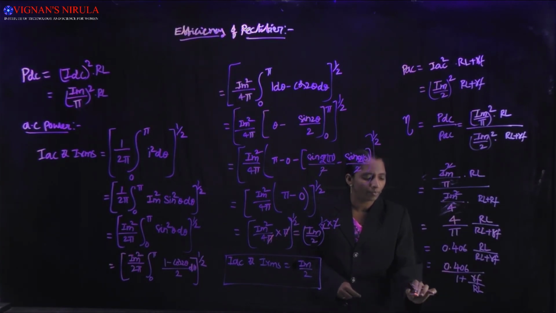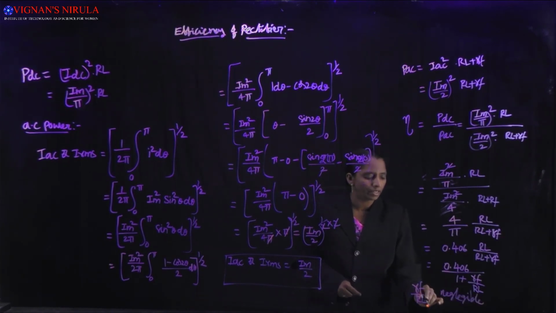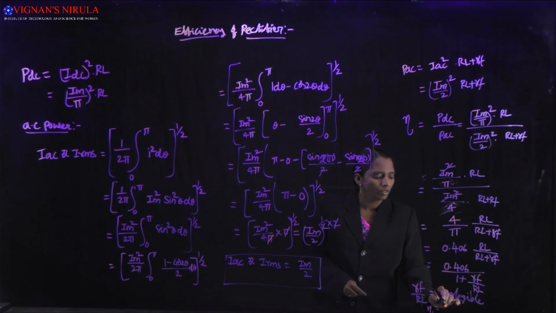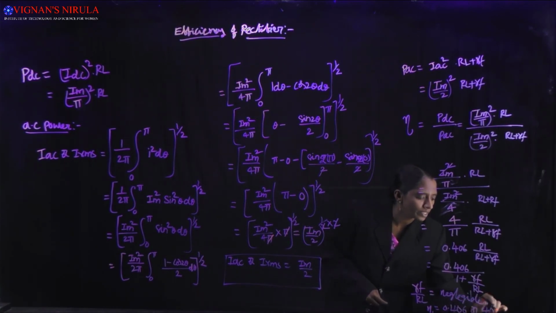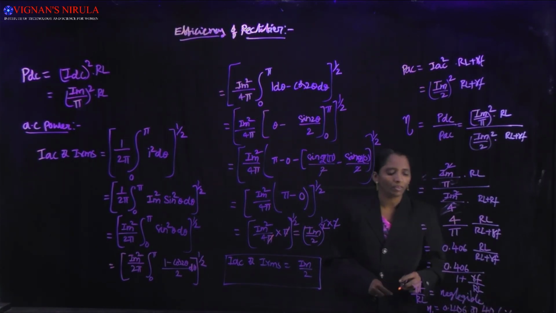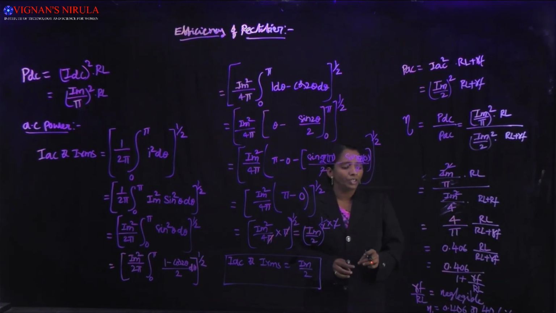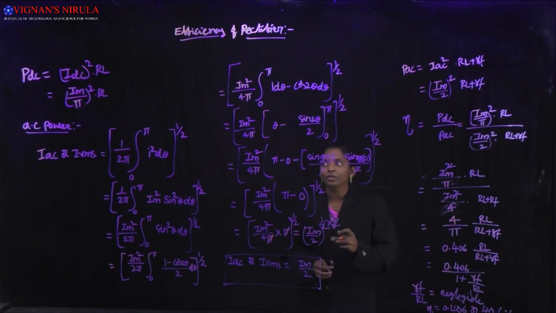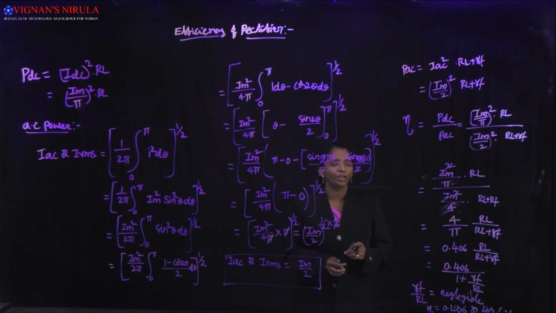Then efficiency eta equal to 0.406 or 40.6%. RF for an ideal diode is 0. So at that time efficiency is 0.406 or 40.6%. So in the half wave rectifier we are getting efficiency 40.6%.